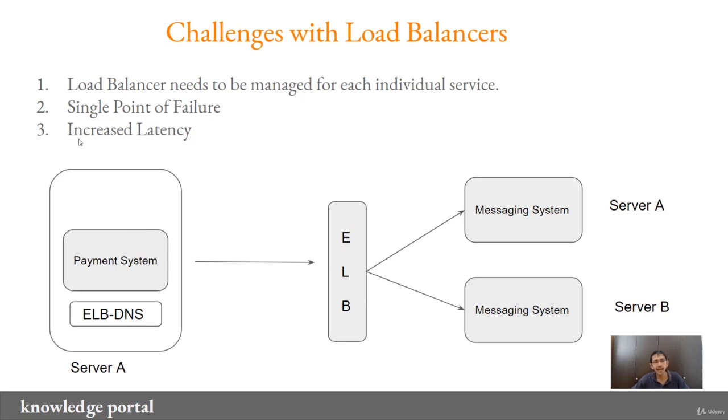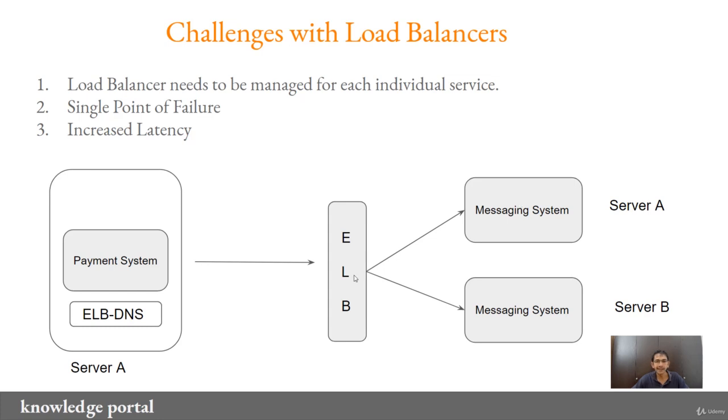The third disadvantage can be a latency issue. Primarily because once the payment system wants to communicate with the messaging system, the traffic first goes to the ELB. So this is the first hop. From the ELB, a new connection will be initiated to the messaging system. Again, it depends upon the exact protocol that is being used, but from the ELB there is another connection to the messaging system.